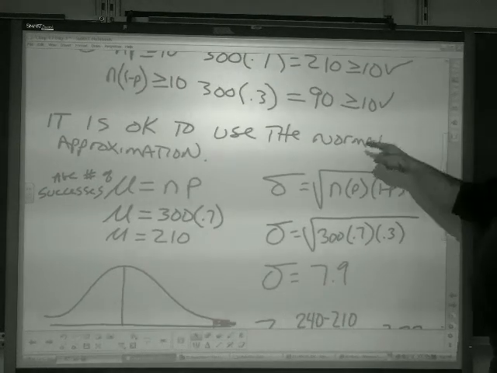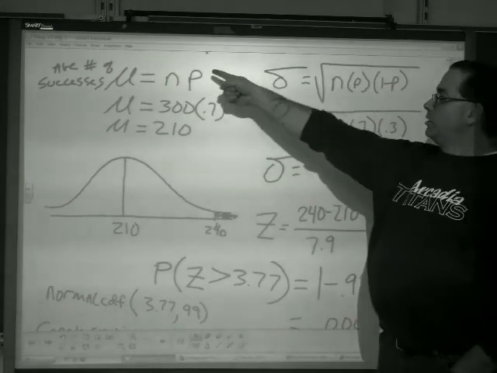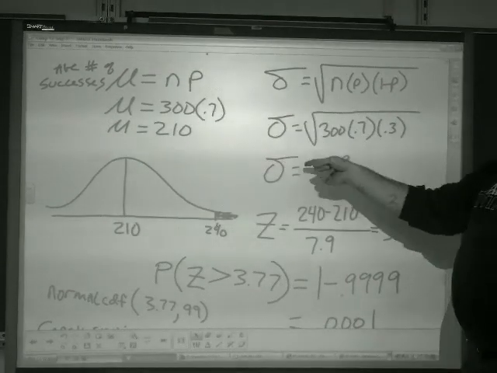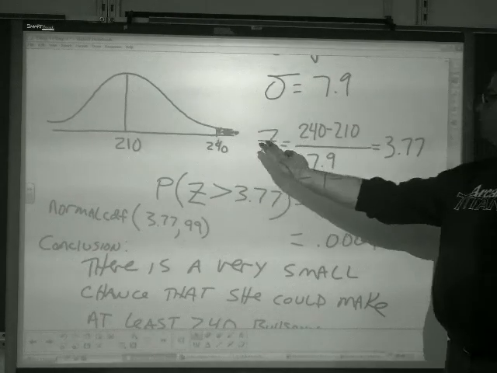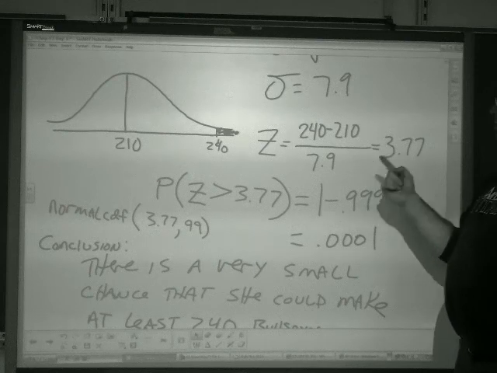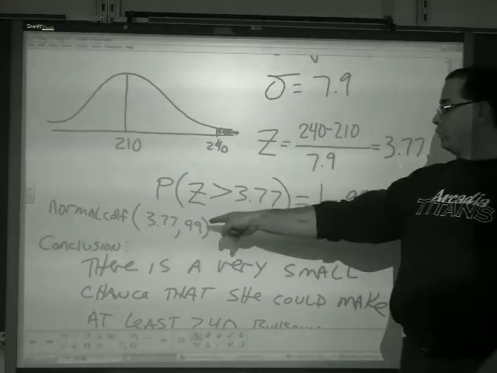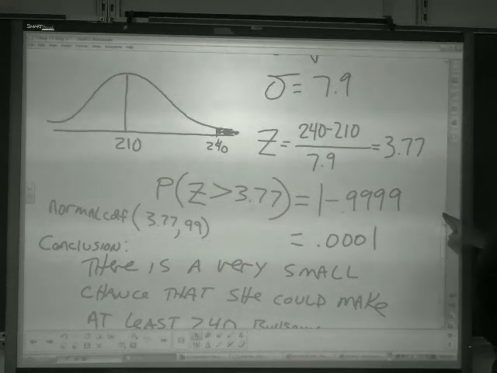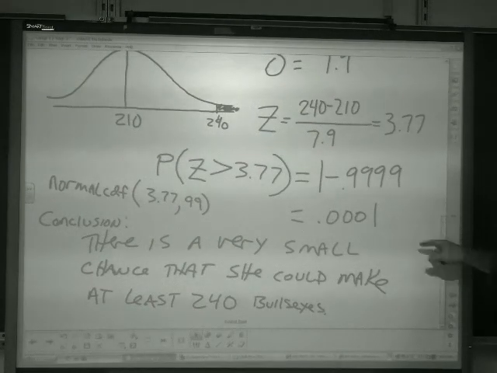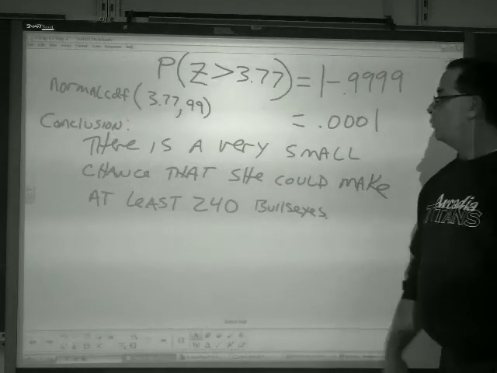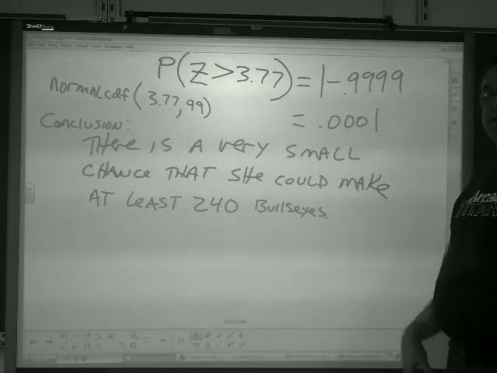But check your conditions that you can use it. State if you can use it. Find your mean and standard deviations, just cranking out some formulas. Lay out your normal curve. Find a z-score, chapter 6. From the z-score, get a probability either from the back of your book or from normal CDF. I don't care which one you pick, but you're going to tell me what you're doing. And based on this result, we write a conclusion. And that's chapter 17, and that's it for the chapter.